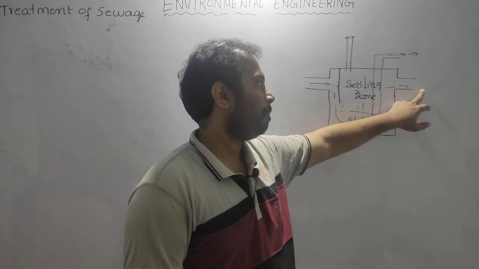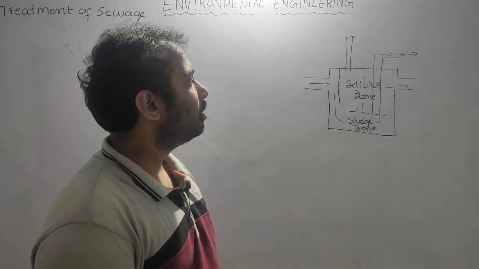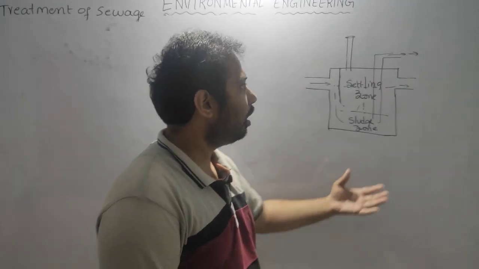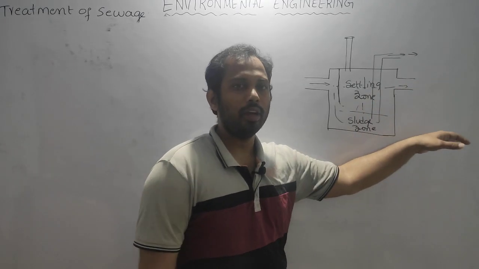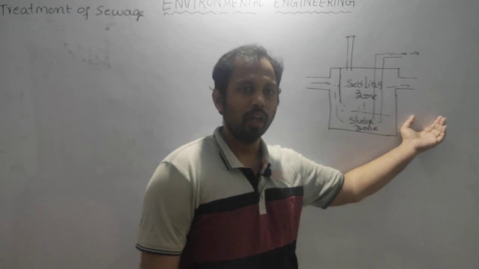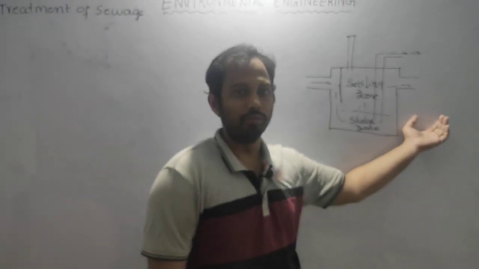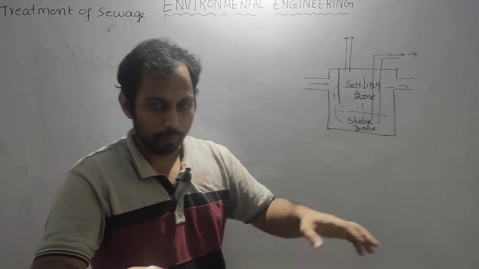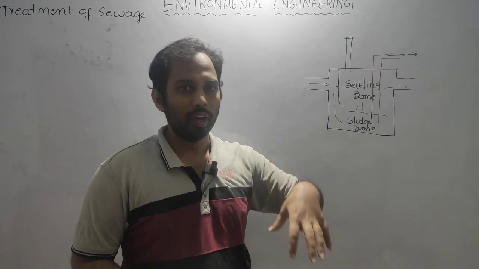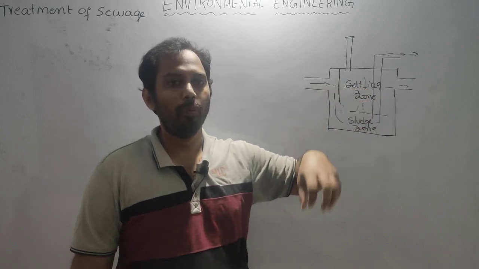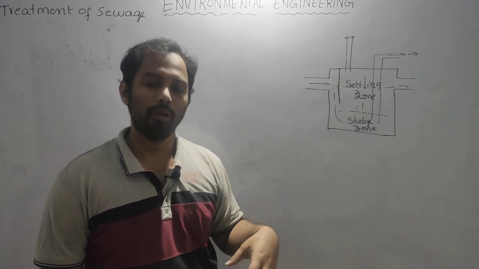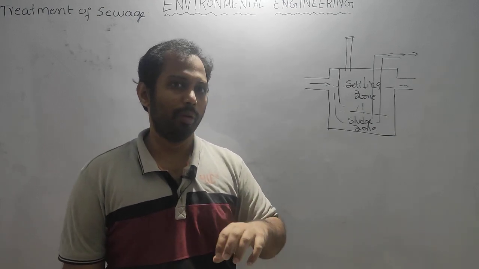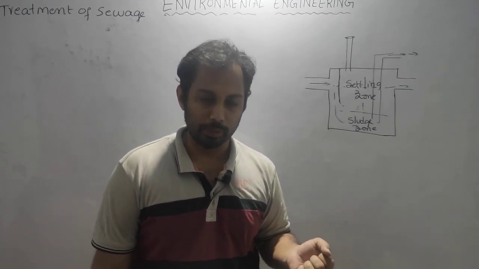So the effluent coming out of the settling tank, we send onto the soak pit or dispersion trenches. A soak pit and dispersion trench is nothing but a small pit in which this effluent goes and percolates into the ground. We cover this small pit with brickbats and the like, so that dispersion will take place.